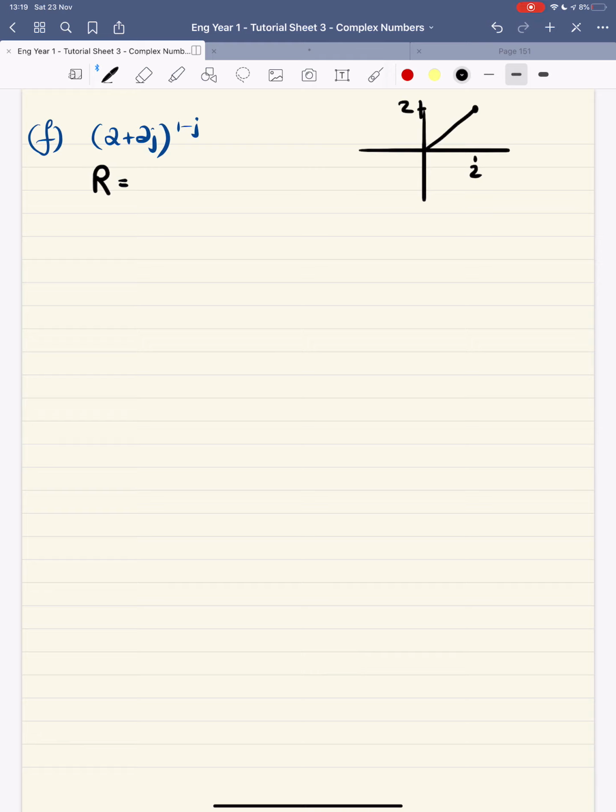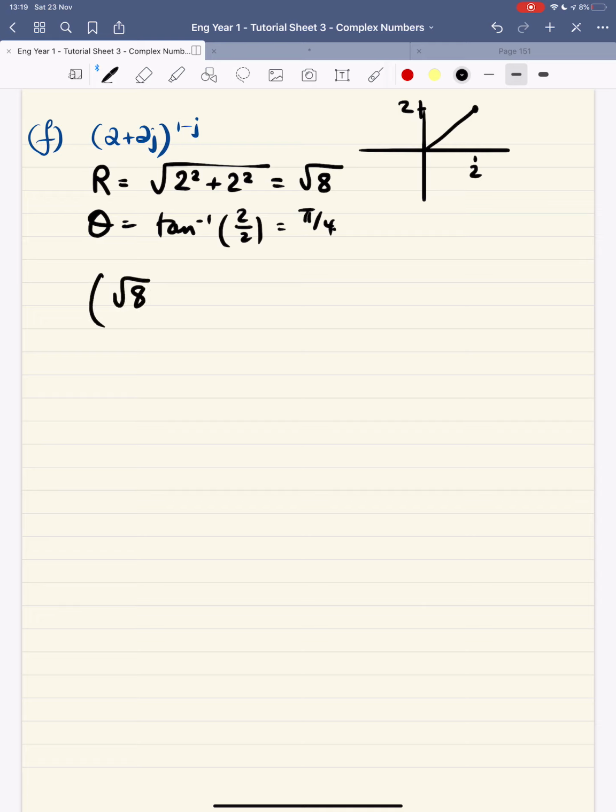R for 2+2j is the square root of 2 squared plus 2 squared, so it's the square root of 8. Theta is tan inverse of 2 over 2, which is pi by 4. So we've got root 8 e^(jπ/4), to the power 1-j.